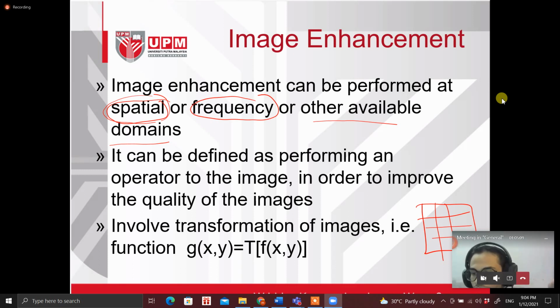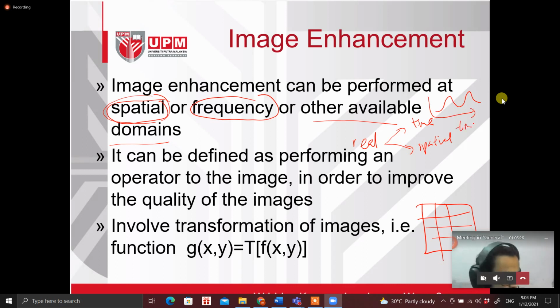I mentioned earlier that we call that the real domain as well, because in the real world we normally divide the domain into time domain and spatial domain. Time domain is whatever signal where the X value is time in seconds, minutes or hours, like for example my voice.